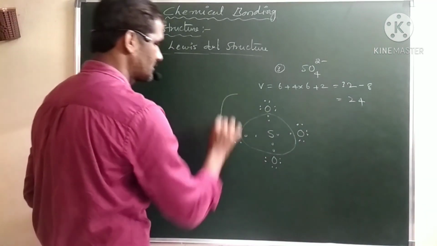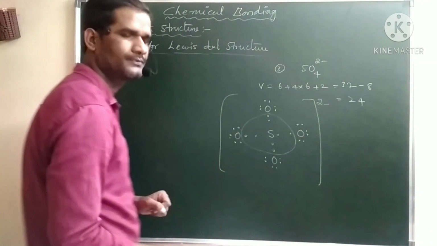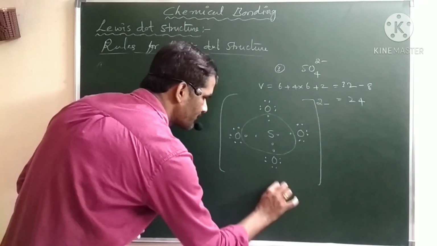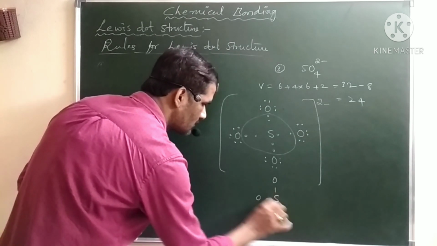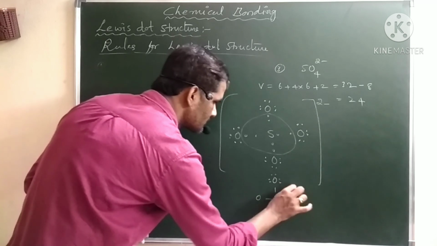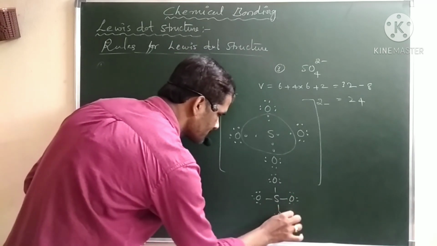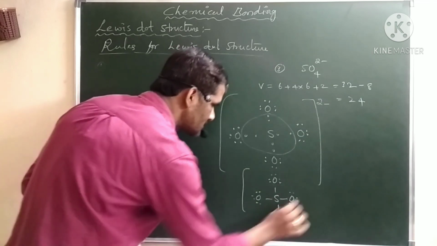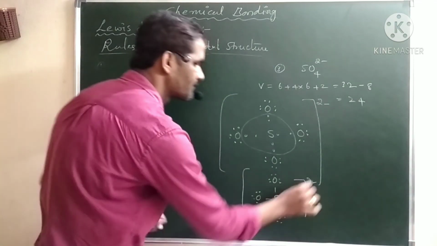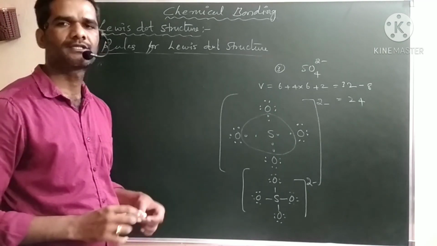So now the overall molecule carries 2 negative. This you can write sulfur, oxygen, oxygen, oxygen, oxygen, and this has 2 negative. So these are some various dot structures.